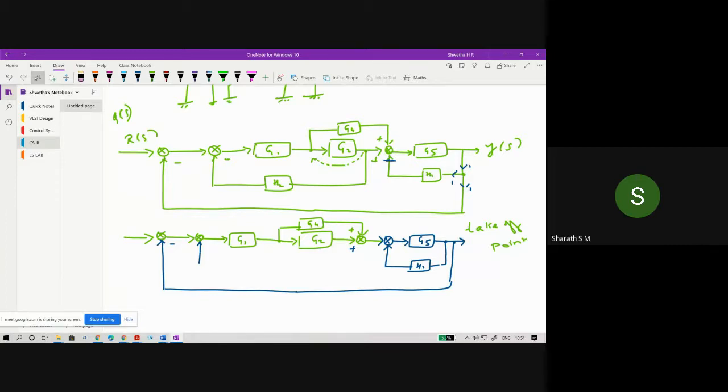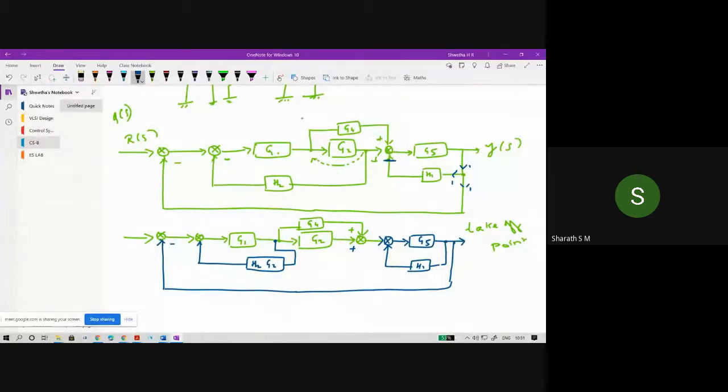First, multiplication. In this block we have G2 as a variable, so we need to make a product with H2, so that we can shift this takeoff point to this side. Now the next step: these two are in parallel, so write that down.